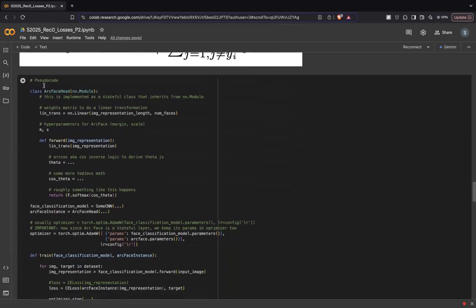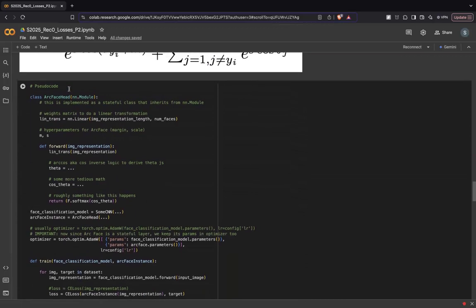To give you a quick heads up on how the pseudocode would look, since this is fine tuning that we're doing on the classification model, we'll need a linear transformation to let the model alter the representation of the classification task to its current face verification task, right?